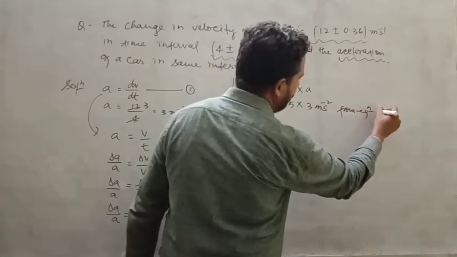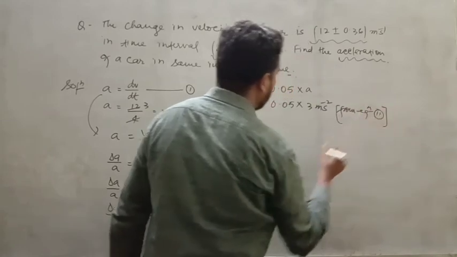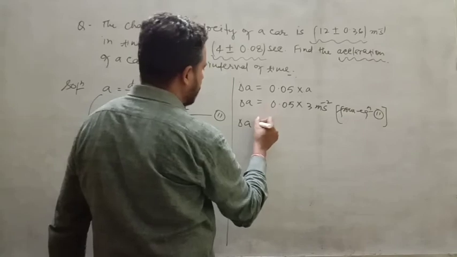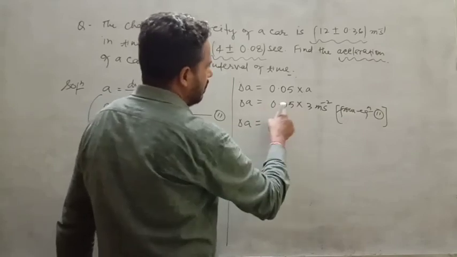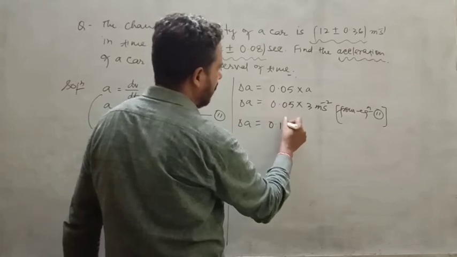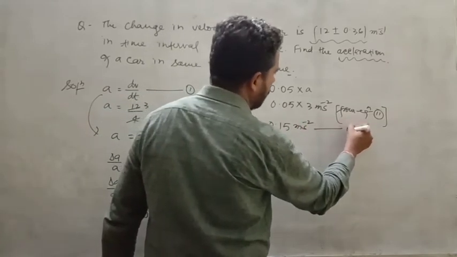Then your delta a, calculating this, 3 5s are 15, so 0.15 meter per square second. So this is your next equation.